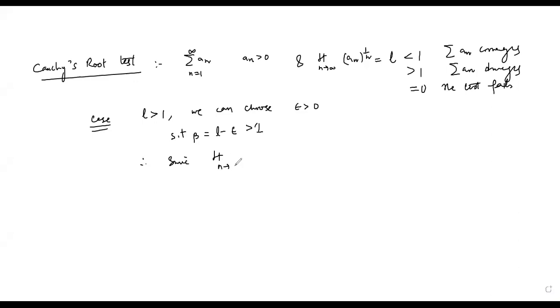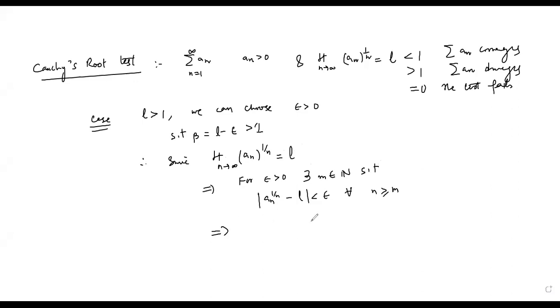Okay. Now limit n approaches infinity, a sub n 1 raised to power n is equal to L. It would imply that for any epsilon positive, there exists a natural number m such that a n raised to power 1 by n minus L is less than epsilon for all n greater than equal to m, which would imply that, of course, इसका मतलब ये है is bigger than L minus epsilon but less than L plus epsilon for all n greater than equal to m, which implies that L minus epsilon raised to power n is less than an is less than L plus epsilon raised to power n for all n greater than equal to m.